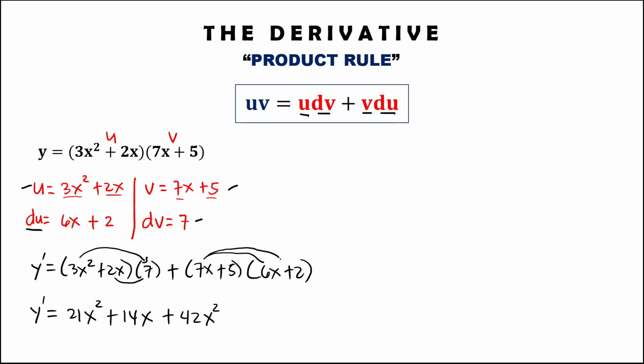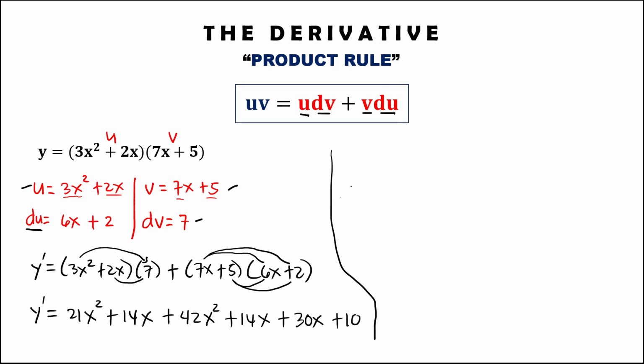Then 7x times 2 is 14x. Then 5 times 6x is positive 30x. Then 5 times 2 is positive 10.